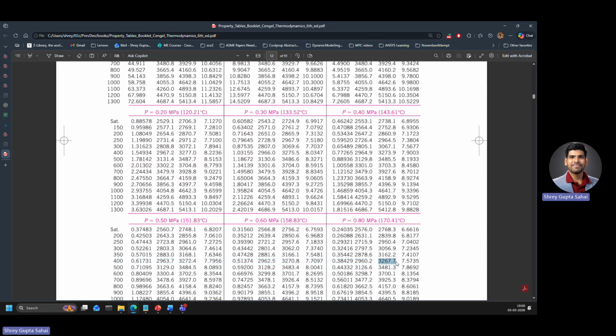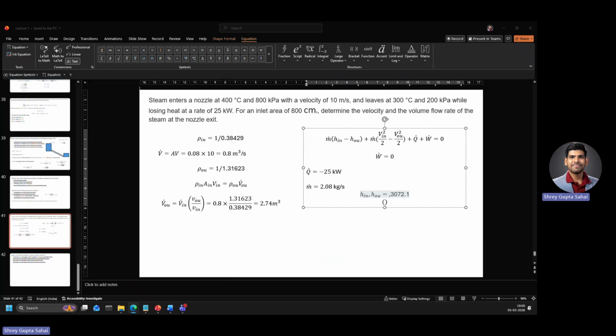So you see that it is kind of losing enthalpy from inlet to outlet, isn't it? Then Q dot is again an energy loss also. So in that case, what is H out minus H in? Let's directly look at it from this data.